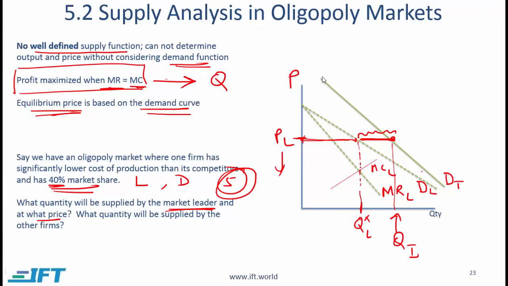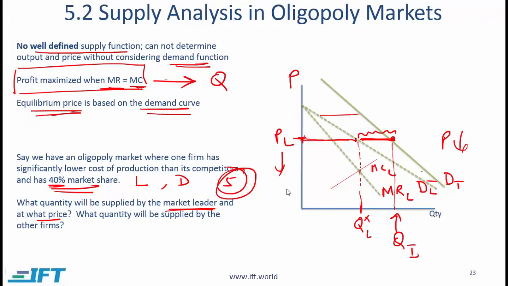Notice that the demand curve for the industry and the demand curve for the leader are not parallel. So the distance between the two curves over here at high prices is substantial, but as prices decrease, the difference becomes much less. Why is this? The answer is that the leader is the low-cost producer. When prices start falling, the smaller players will probably not be able to compete and will exit the industry.